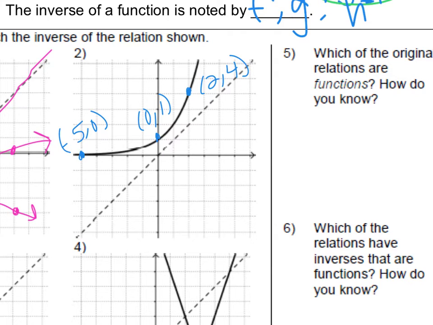So I'm going to switch negative 5, 0 to 0, negative 5. And then 1, 0. And then 4, 2. So once again, you can see that perfect reflectional symmetry about the line y equals x.